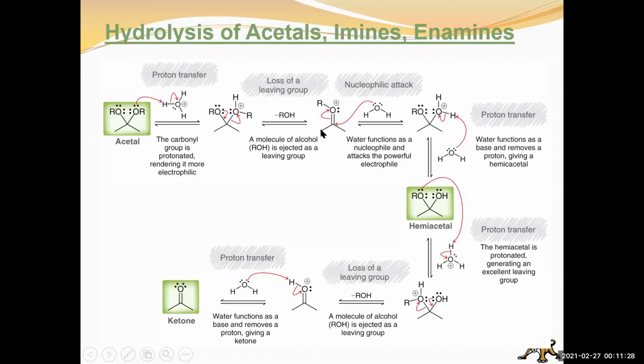Nucleophilic attack, loss of a proton, converts it to an OH, and then protonation to convert the remaining ethoxy group into a good leaving group, and there it goes, and then a final proton transfer.